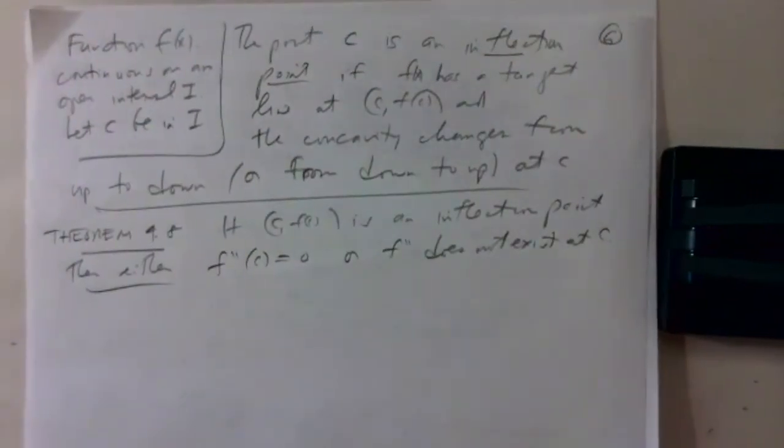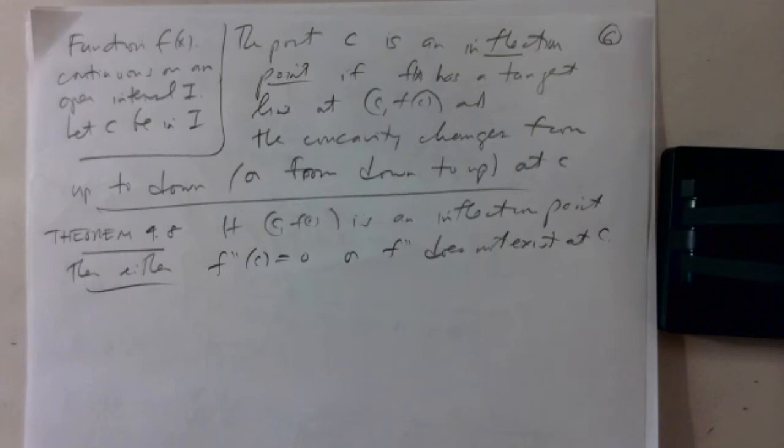And recall, a curve is concave up if the first derivative is increasing. It's concave down if the first derivative is decreasing. So at an inflection point, the concavity might change from up to down.